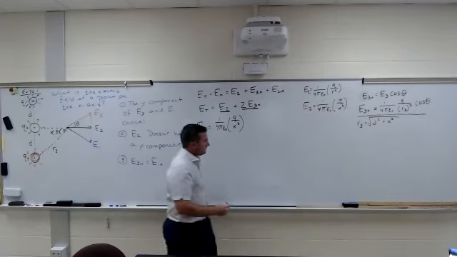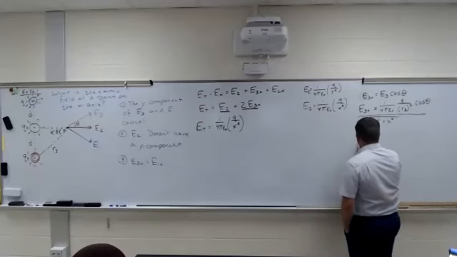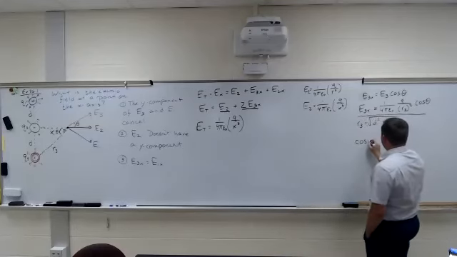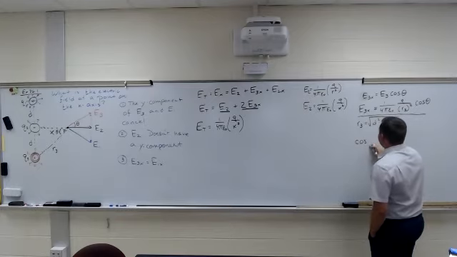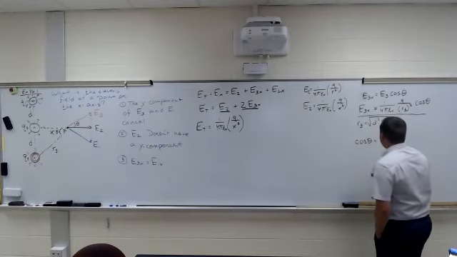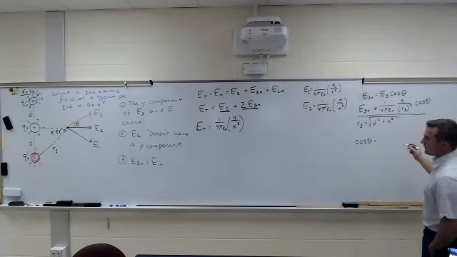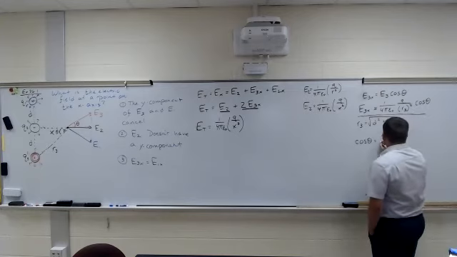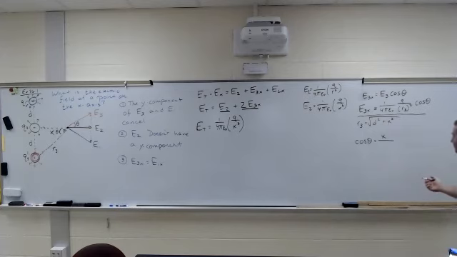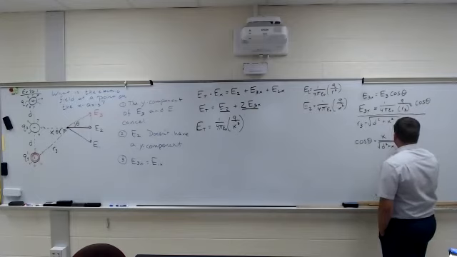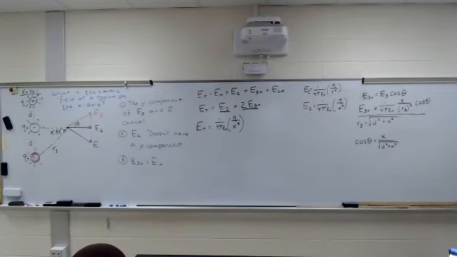So cosine theta is going to be equal to our adjacent, which is x, over our hypotenuse, which we just said was the square root of d squared plus x squared. And now we have a way that we can get rid of cosine.